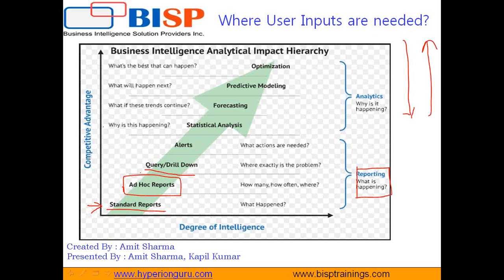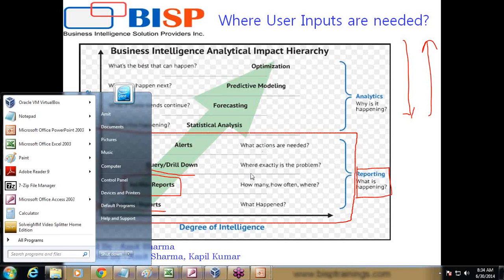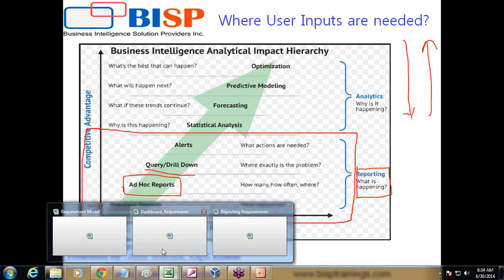Then this is all under your reporting system. In addition to this, we need input from my business user on what kind of analytical solution they need. It could be simple statistical analysis. I would like to forecast my expenses. So when I communicate to them, they give me one Excel sheet.